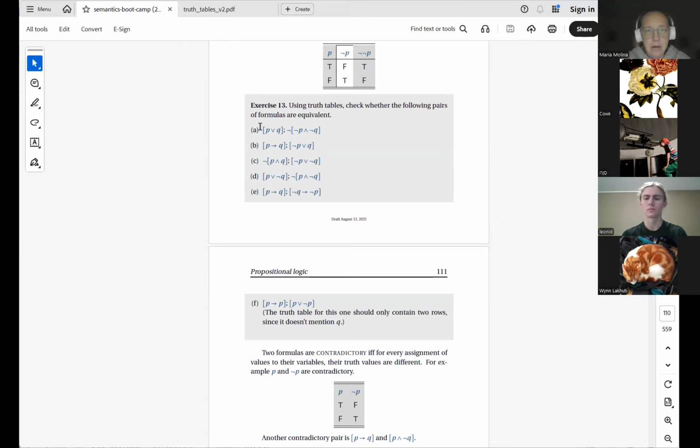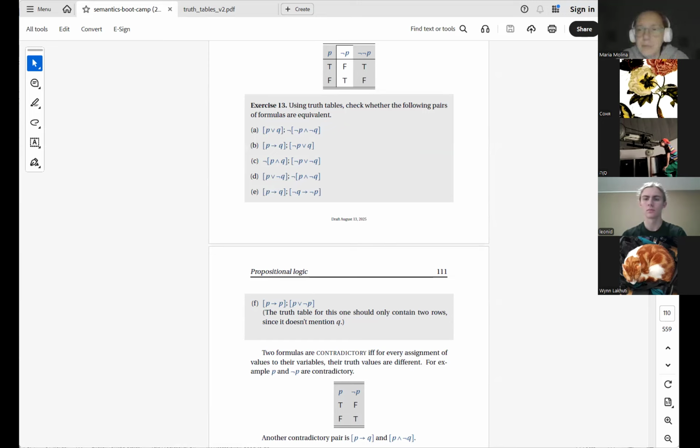Looking at A, P and Q: negation of negated P or negated Q, are they equivalent or not? Equivalent.